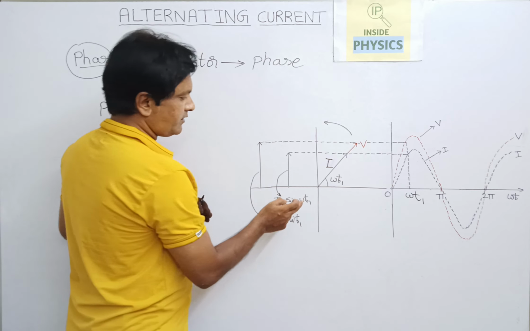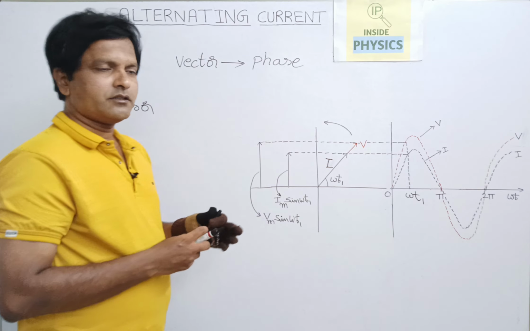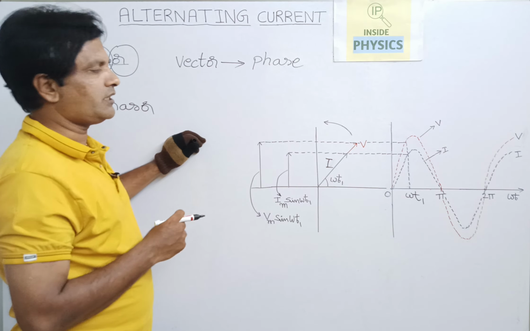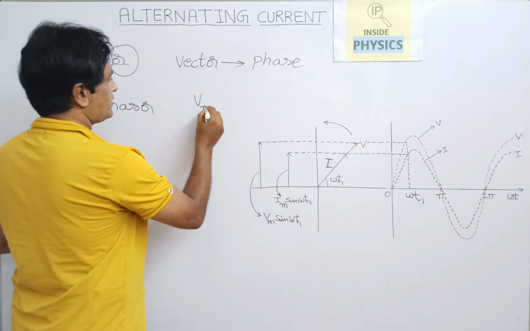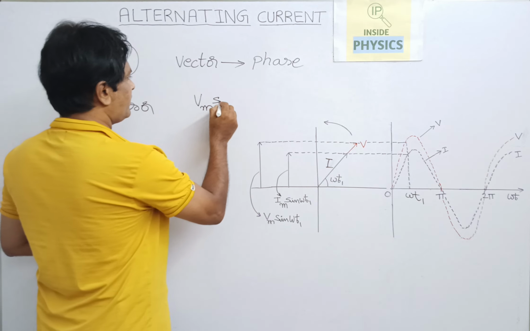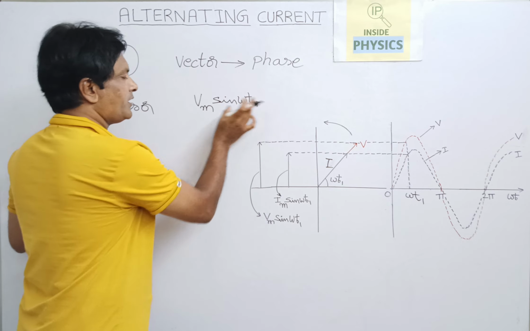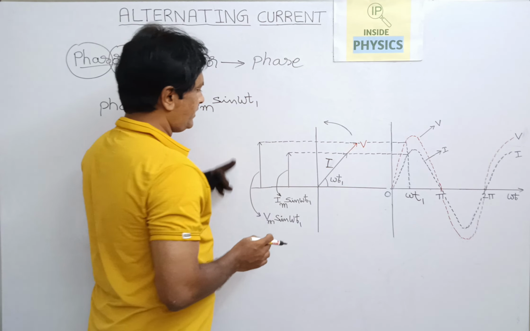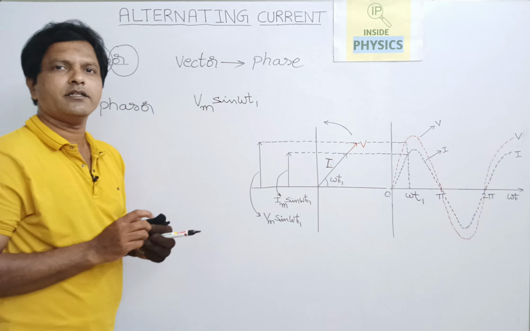So the vertical components give the voltage and current at a particular instant. From the previous sessions, Vm is the maximum amplitude, and Vm sin omega t1 gives the voltage at a particular instant.